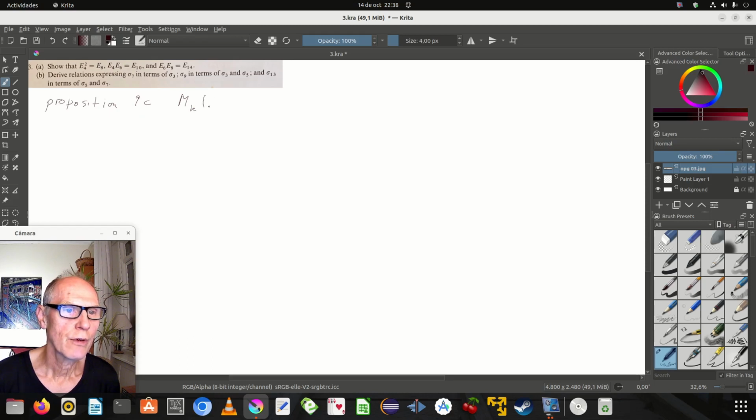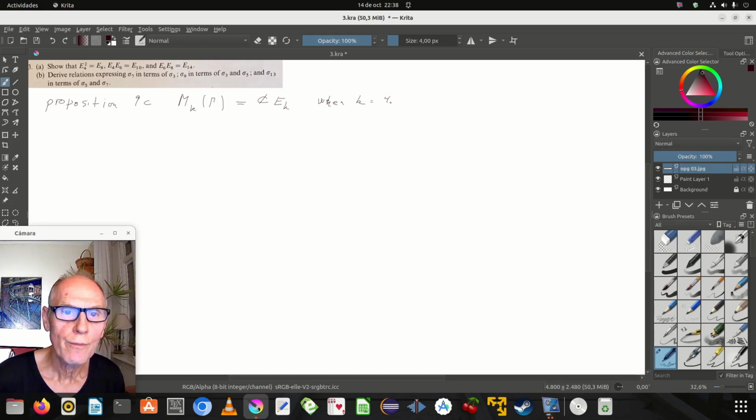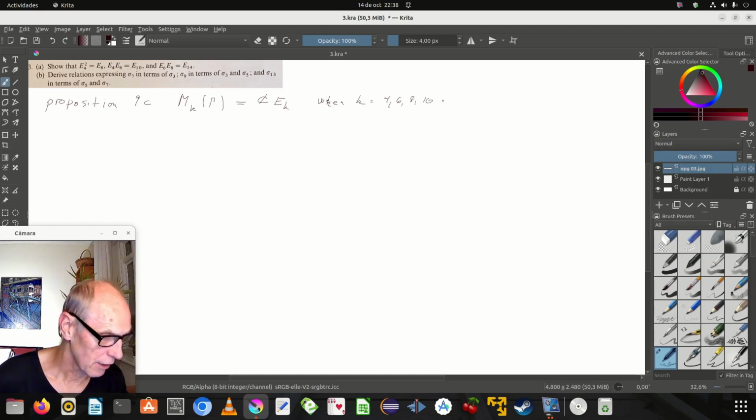Mk of gamma, that's all the modular forms of weight k, equals c times Ek when k equals, and I don't know which, but 4, 6, 8, 10, and 14.